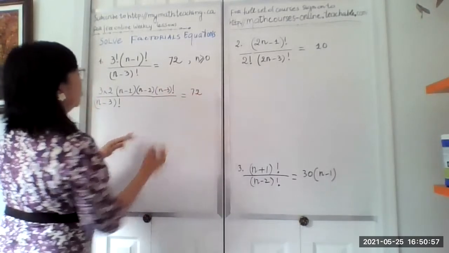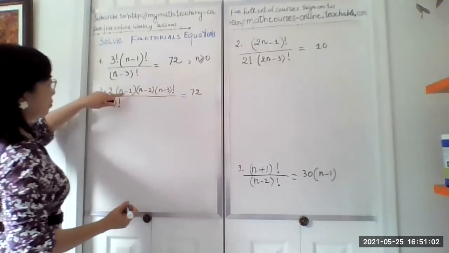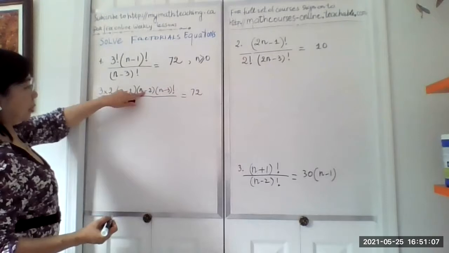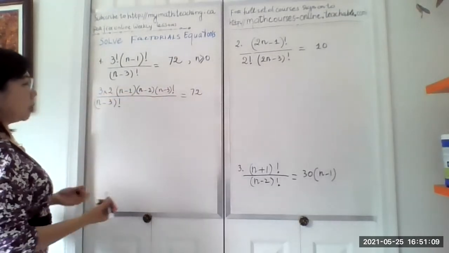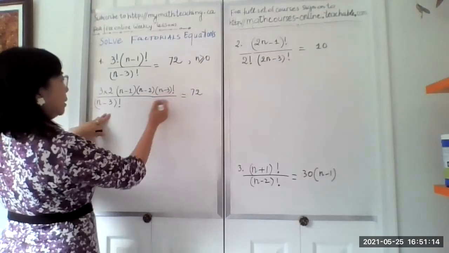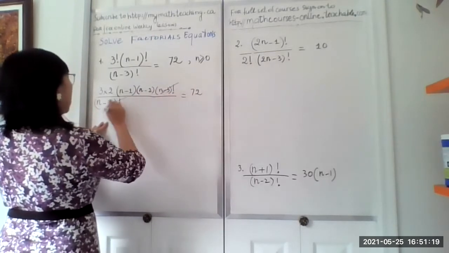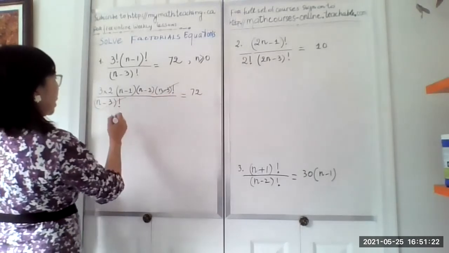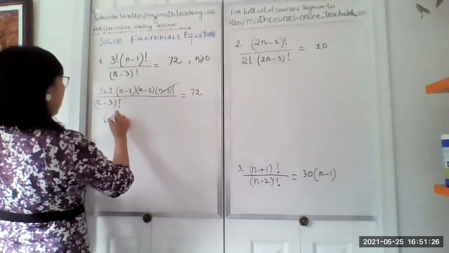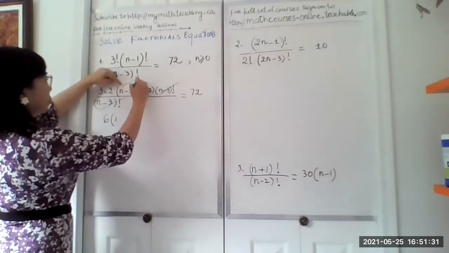equals 72. So by expanding, going descending down by 1 level at a time, we have n minus 1 bigger than n minus 2 and bigger than n minus 3 by 1 level. Now I can cancel the n minus 3 factorial on the top with the n minus 3 factorial at the bottom. So I'm left with 6 times, and I'm going to multiply these two brackets together.